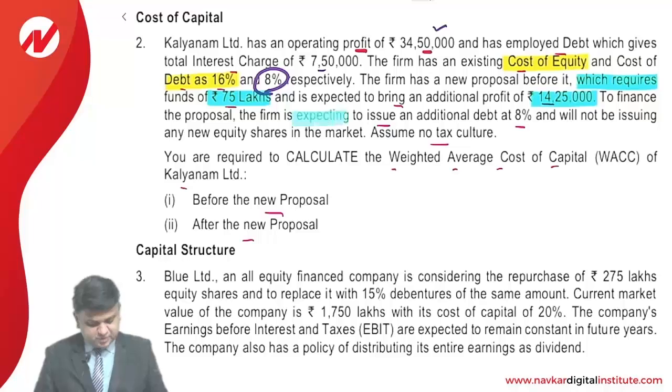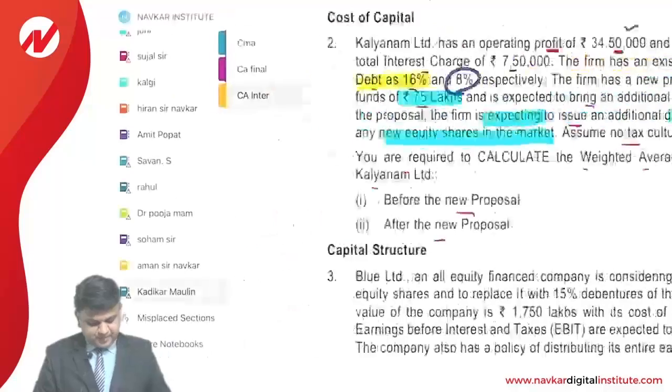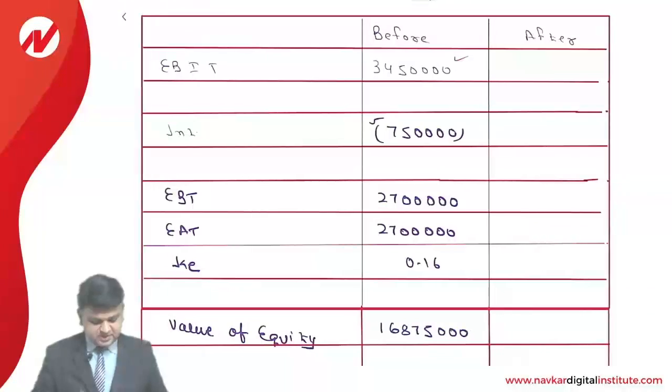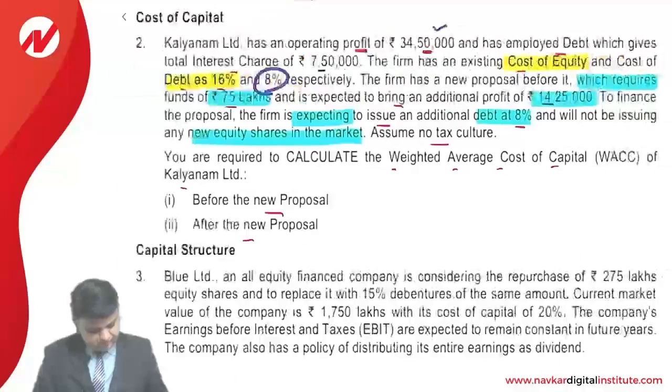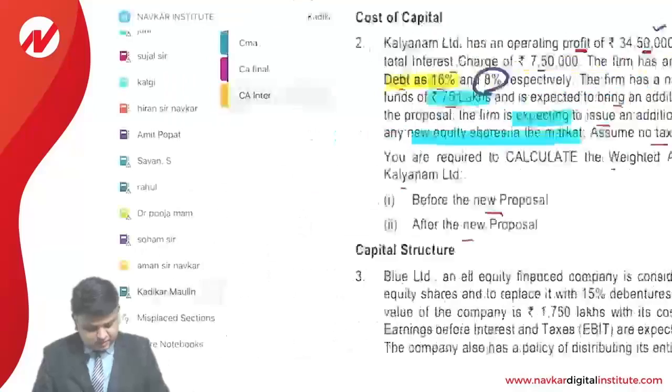To finance the proposal, the firm is expected to issue additional debt at the rate of 8% and will not be issuing new equity shares in the market. So we understand that the amount of the operating profit will increase, that is 34,50,000 plus an amount of 14,25,000.